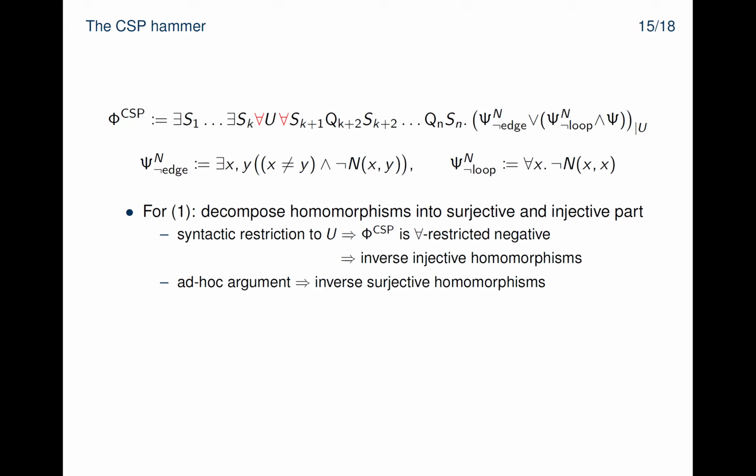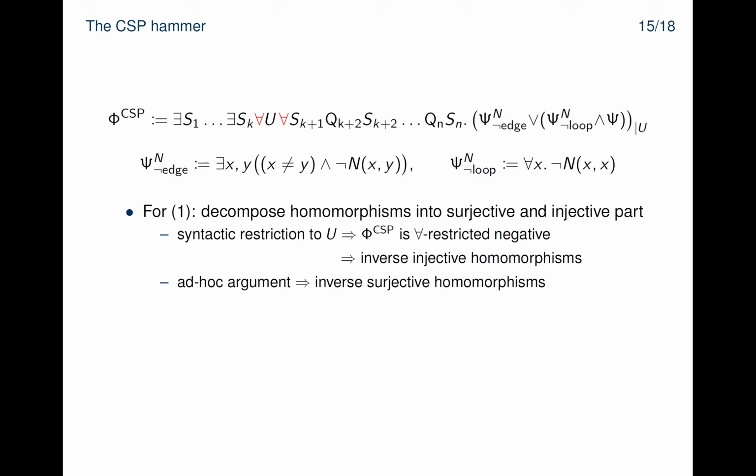And now for the preservation under inverse surjective homomorphisms, we actually need an ad hoc argument. This ad hoc argument is simply: whenever we have a surjective homomorphism that somehow contracts two elements into one element, then since loops are forbidden, and we start with a structure which is a model of our sentence, it cannot have a loop, which means that between these two contracted variables there cannot be an edge.